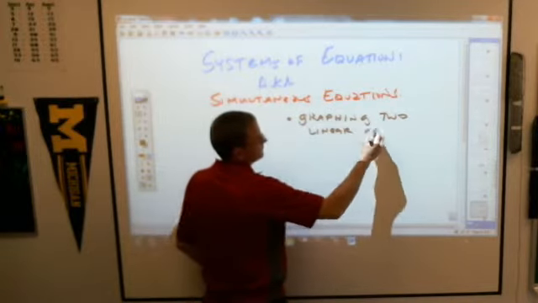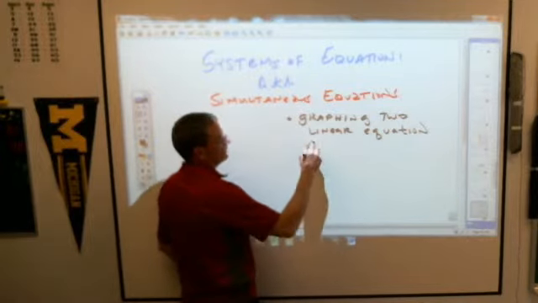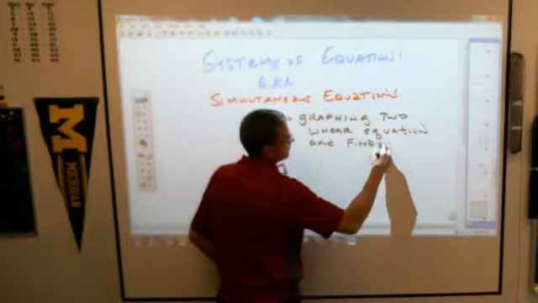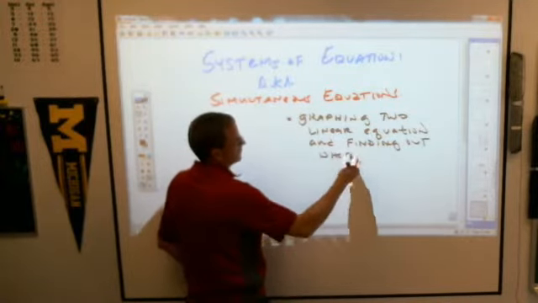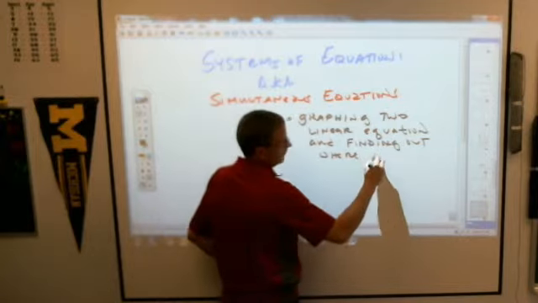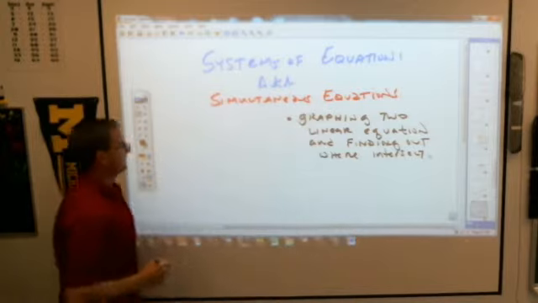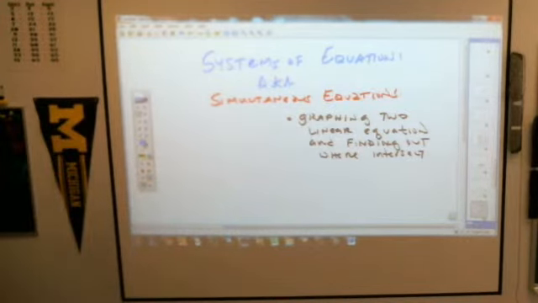Graphing two linear equations and finding out where they cross. What's another word for cross that's more mathematical? Intersect.